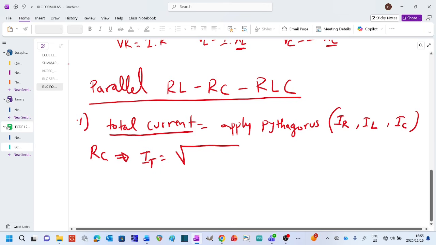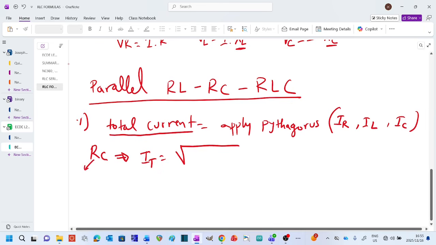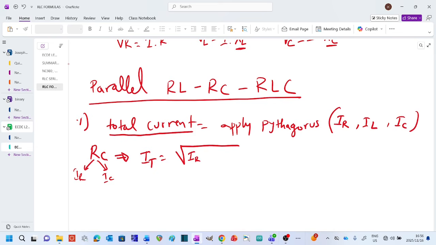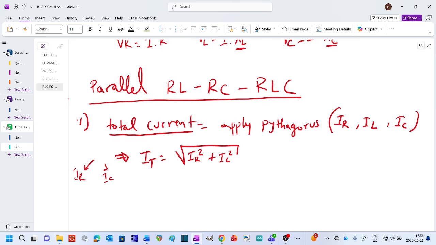You need to know IR and IC. So your total current is going to be the square root of IR squared plus IL squared. That's what you do if we are dealing with IL.